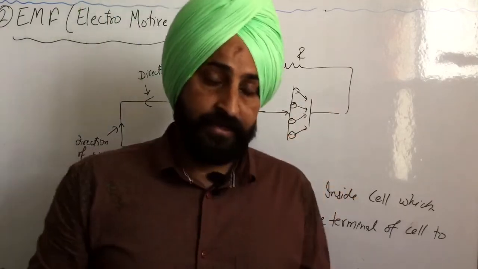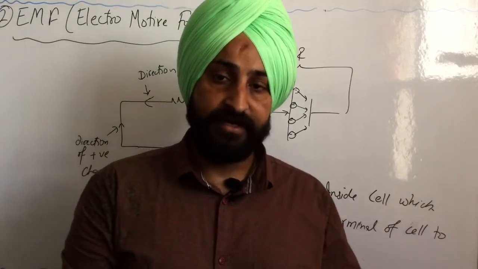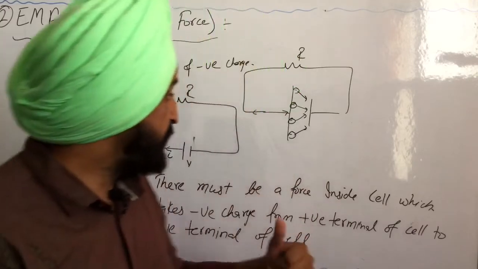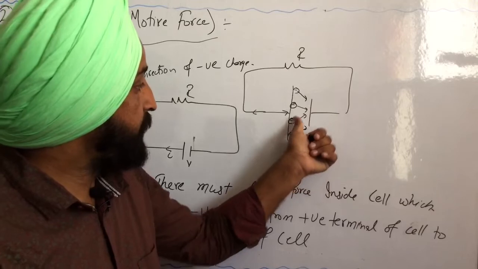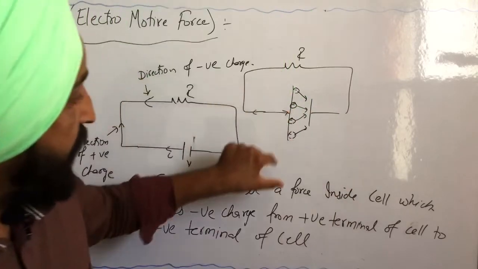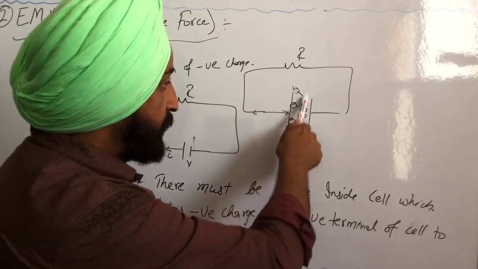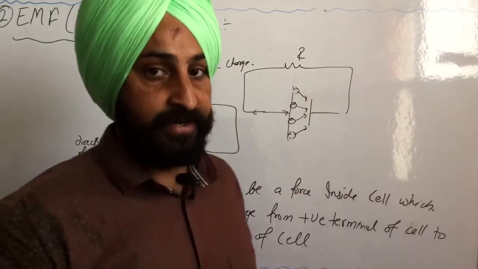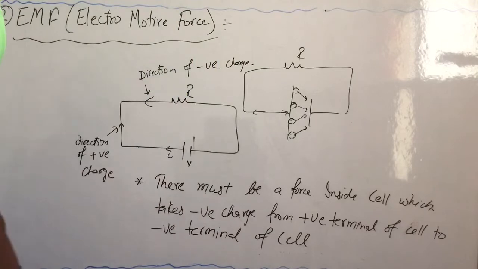Fine. Now if you are taking negative charge to the negative terminal of the battery, that means you have to do some work, and that work which is done for taking negative charge from the positive terminal of the battery to the negative terminal, that is again electromotive force. So that force is doing the work to take the negative charge accumulated over the positive terminal to the negative terminal of the battery. So this is the function of electromotive force.